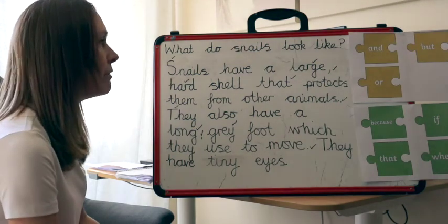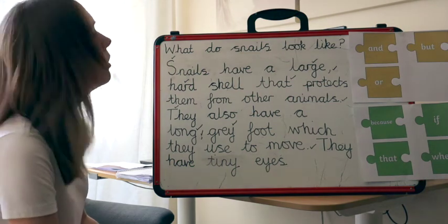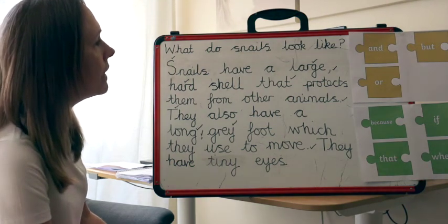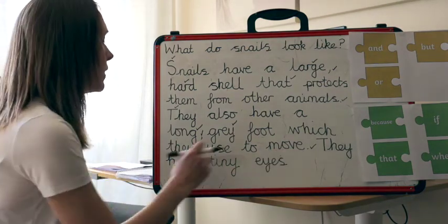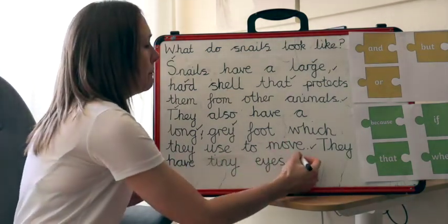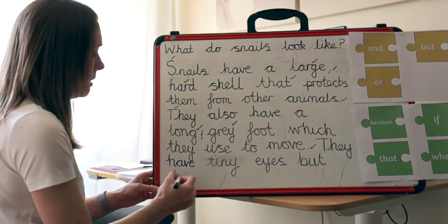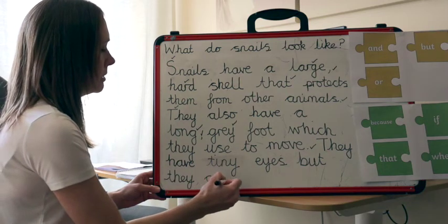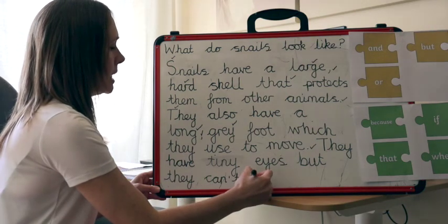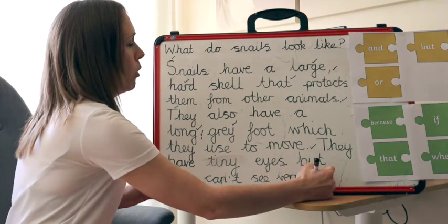Now I need to see if I can use another one of my conjunctions to make my sentence longer. I think I'm going to use the word but. So they have tiny eyes, but they can't see very well.